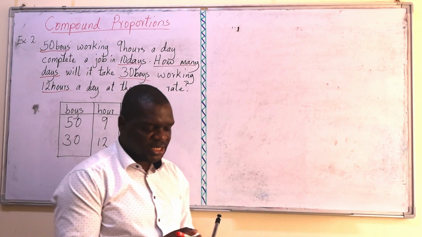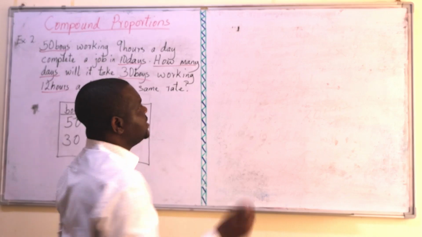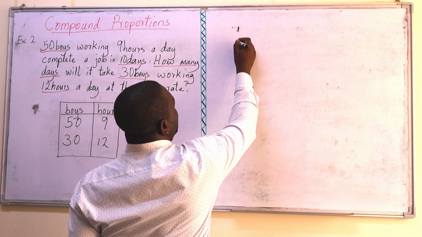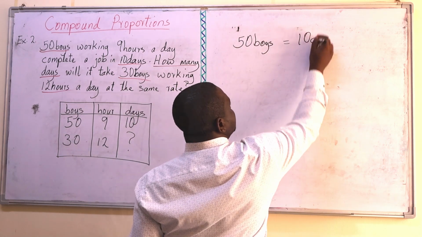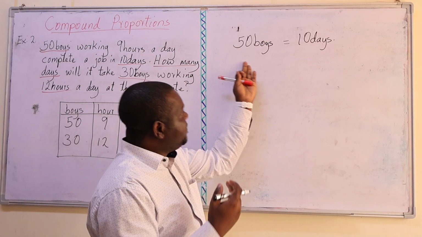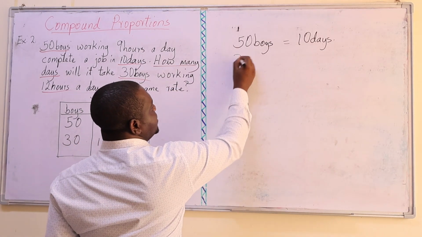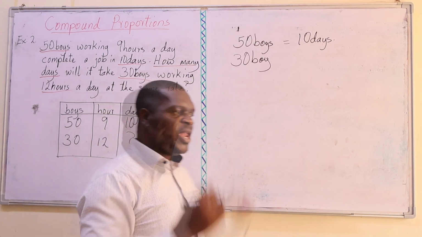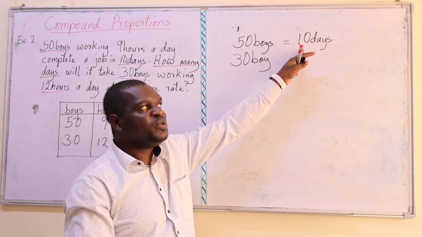And the first statement here will be boys and the number of days taken. So we have 50 boys complete work in 10 days. So always put yourself there that if we are 50, we do the work in 10 days. Now we are 30. Will they do it in more or less? The number has gone down. Are we going to take more days to do the work or less?